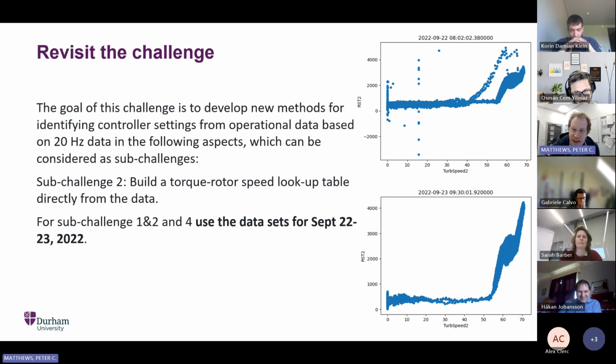It took me this long to actually revisit the challenge because I was thinking about which one of these turbine plots looked best to take the challenge on. I had a little look at the challenge again, and I was reminded that we were supposed to be using a very particular data set.